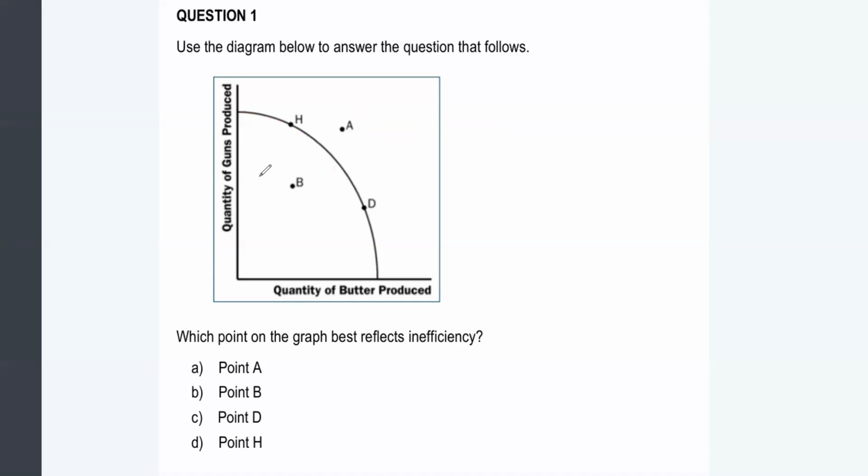Then another exam question that the lecturer might ask: what situation can happen in an economy that makes it possible to produce at point A? What do we need to do? Increase of resources.